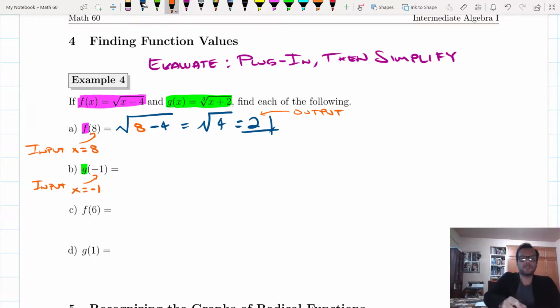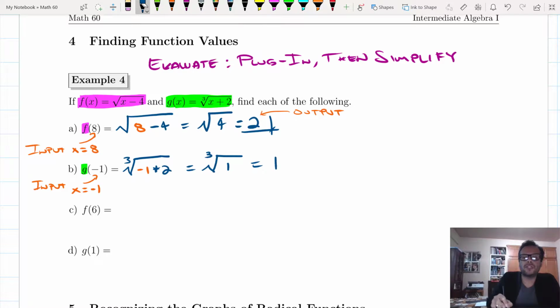That's what it means, right? And this will be the cube root of -1 plus 2, right? We are using the second function, right? And that's going to give us -1 plus 2, that's a 1. And the cube root of 1 equals just 1. All right.